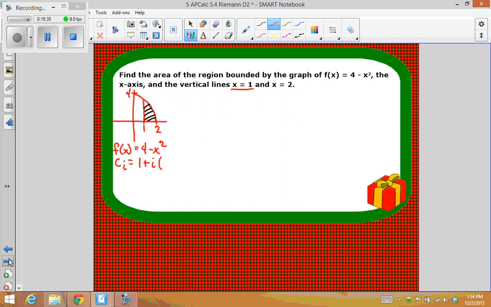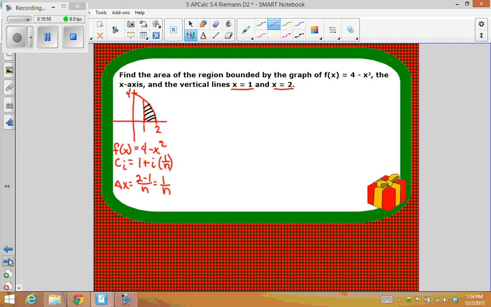I don't know delta x until I go down and find it. Delta x equals, b value is 2, so 2 minus 1 over n. So again, my delta x happens to be 1 over n. It is not that way all the time, but it's nice when it is. So c sub I is 1 plus, if you simplify that, I over n.